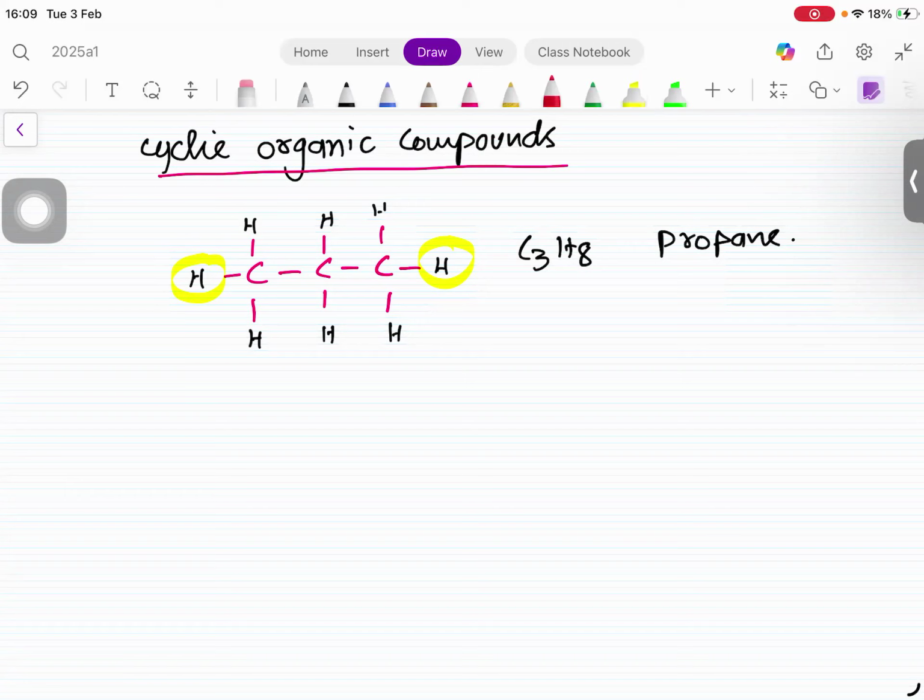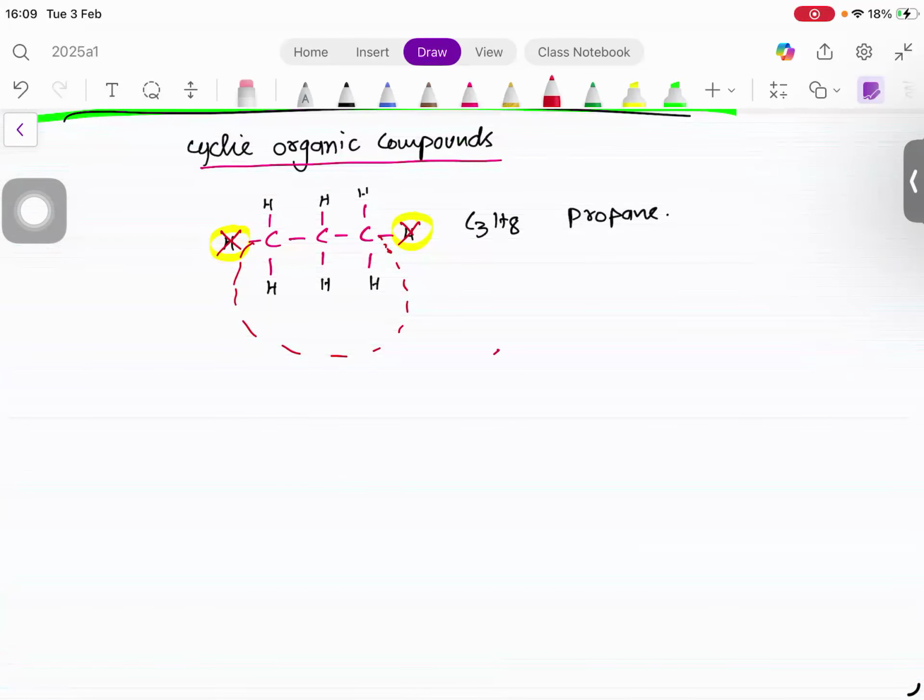If I take off two hydrogens from propane and these two carbons make a bond with each other, it will turn into C3H6. And it's no more a straight chain or aliphatic. Aliphatic means straight chain. It is now a cyclic alkane, and you call it not propane, rather cyclopropane.